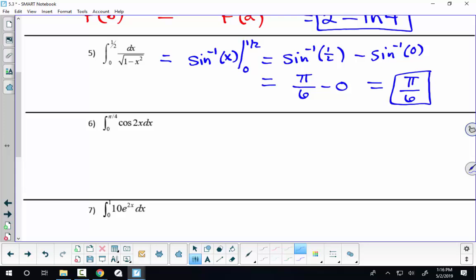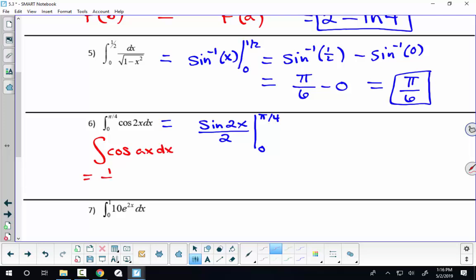Sine 2x over 2, evaluated from 0 to pi over 4. I forget which one this is in your table, but it's the integral of cosine of ax dx equals 1 over a sine of ax.